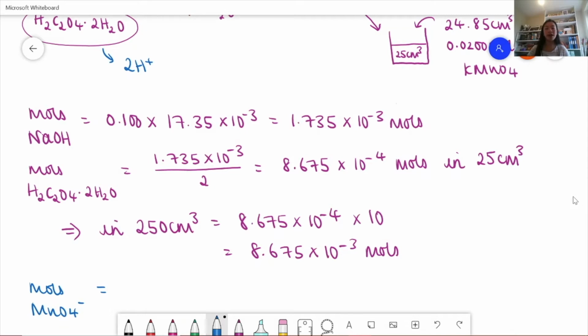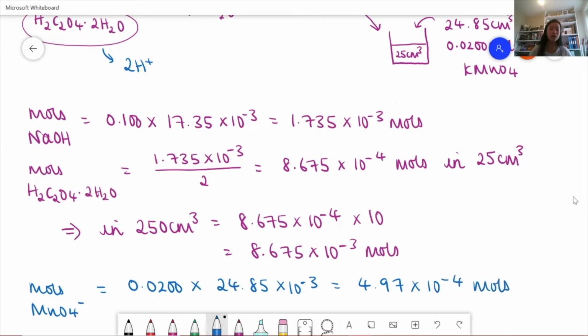And so the moles of manganate will be equal to the moles of potassium manganate, which is equal to the concentration of potassium manganate multiplied by the volume of potassium manganate. So we have 0.0200 multiplied by 24.85. And we need to convert this to decimeters cubed again, so divide it by 1,000. And this gives us 4.97 times 10 to the minus 4 moles.